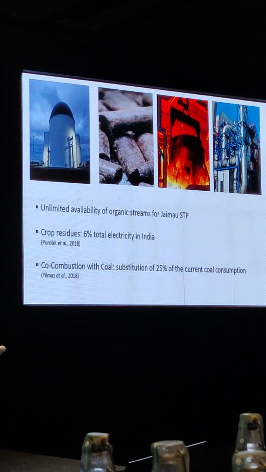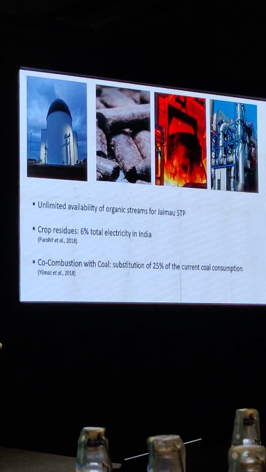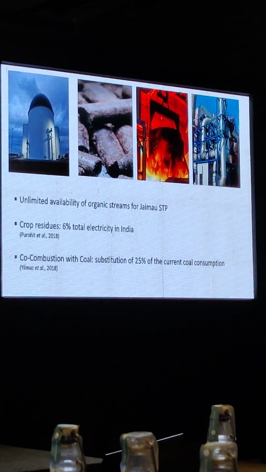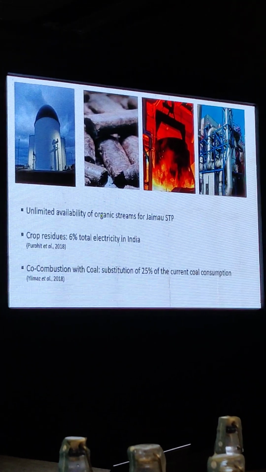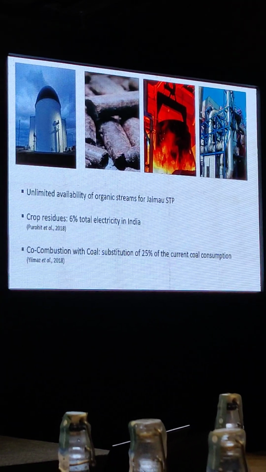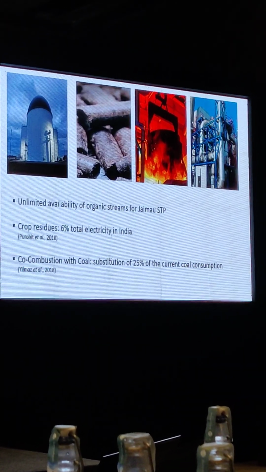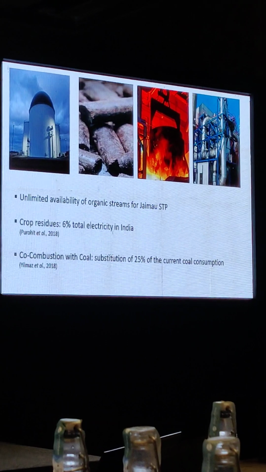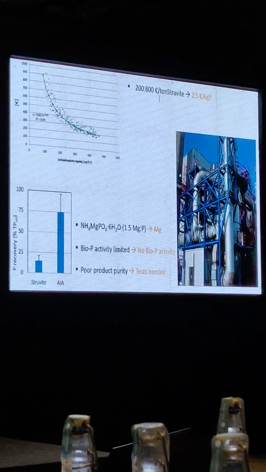Then the other possibility could be actually to use the crop residues. 6% of total electricity of India could be produced by the crop residues that are there. And if you would combust them with coal, you could actually substitute 25% of the current coal consumption, with subsequent substitution of fossil fuel. So it's an impressive opportunity.